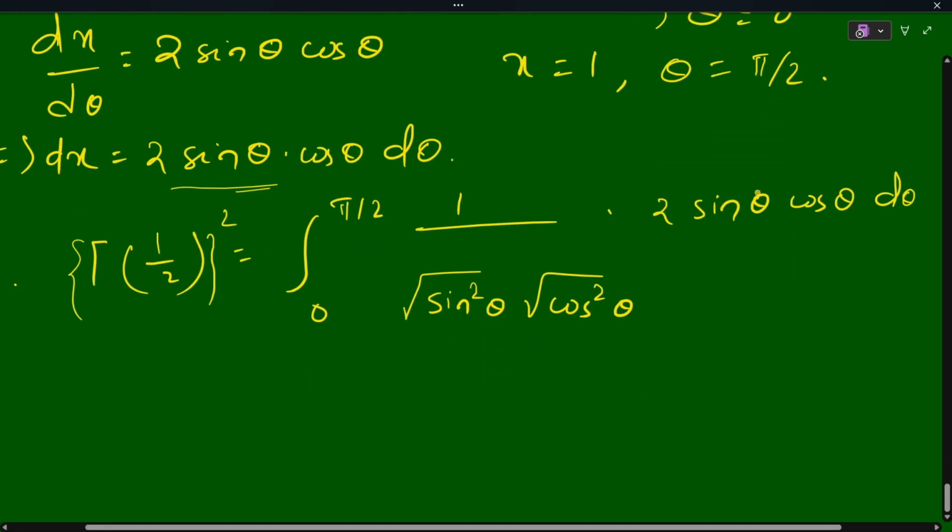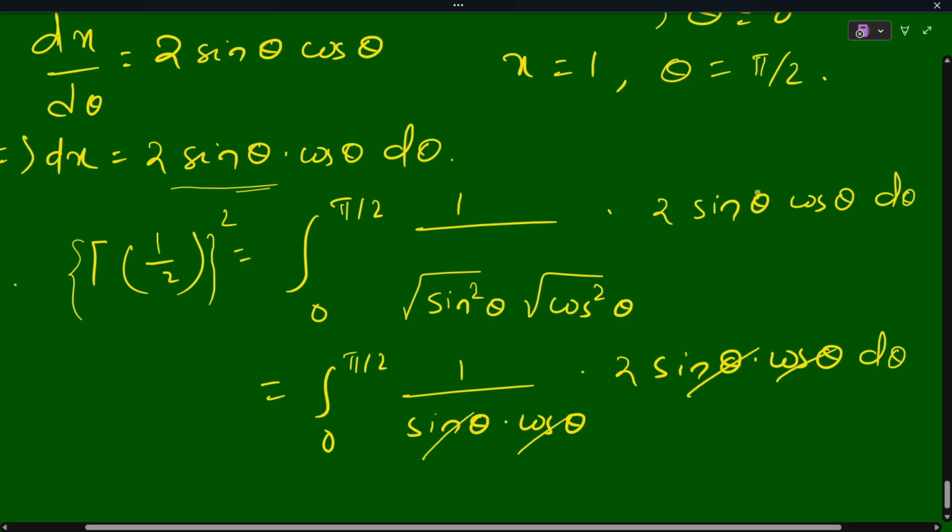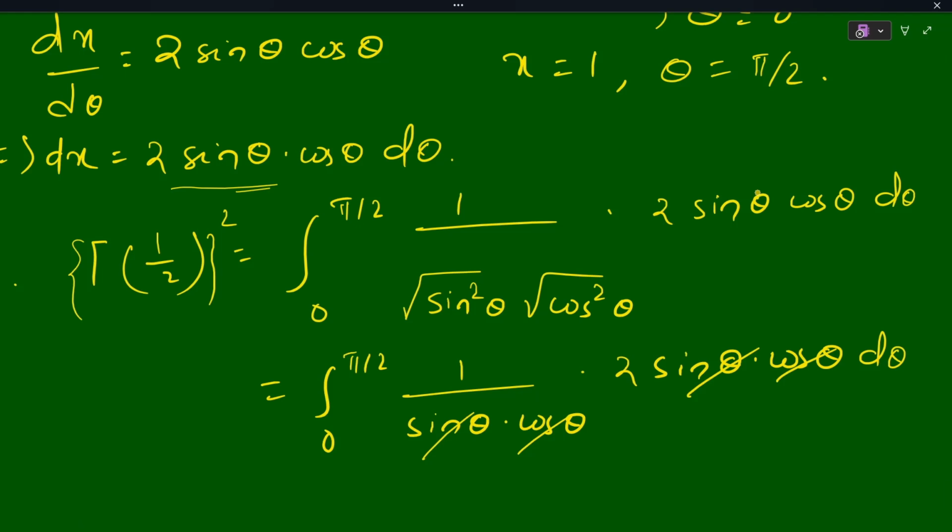Now see, this value is 0 to pi by 2. Now this term is sine theta, this term is cos theta, this term is 2 sine theta into cos theta d theta. Now see, this term will cancel out. Okay, so only the 2 term is left. And 2 is also a constant, so it will go out of the integration.